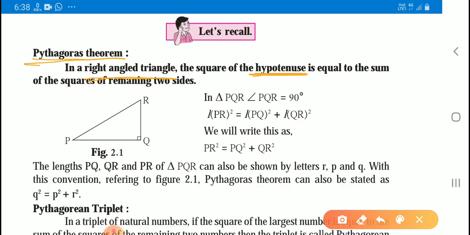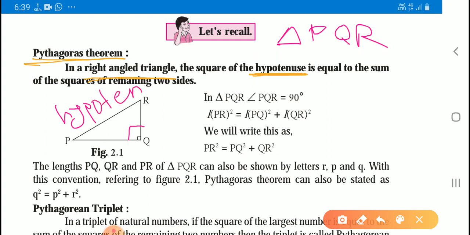Here they have given the right angle triangle, triangle PQR. Here angle Q is a right angle. According to the statement of this theorem, in a right angle triangle, the square of the hypotenuse. So which is the hypotenuse? Hypotenuse means the side opposite to the right angle.